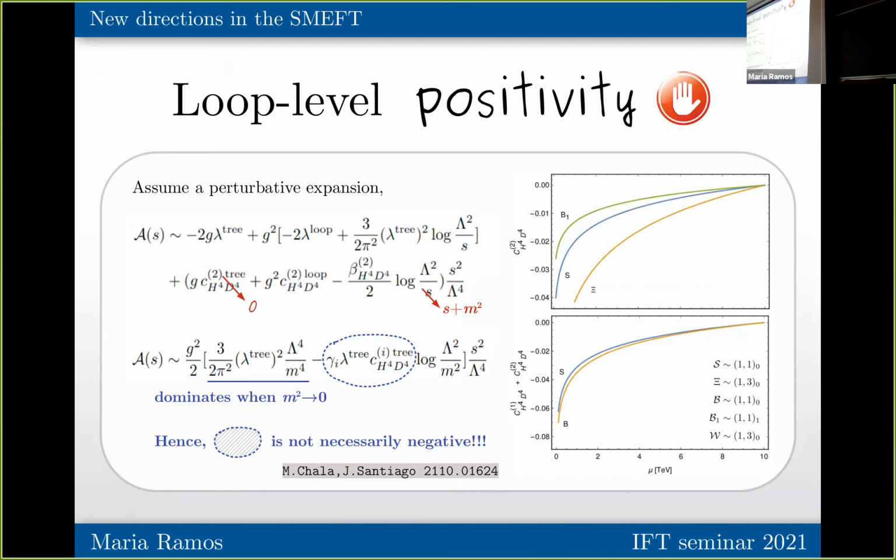I won't spend much time on this, but basically this has to do with defining an organized perturbative expansion in the forward amplitude. When you see that at tree level, some of the coefficients that are important for these positivity bounds are 0, and so you start picking up some loop effects and mixing with other tree level effects, then it's not true that positivity on the amplitude translates into positivity on the Wilson coefficients at dimension 8, because you can be dominated, for instance, by the running of the standard model such that the amplitude second derivative is positive, irrespective of the sign of the anomalous dimensions.